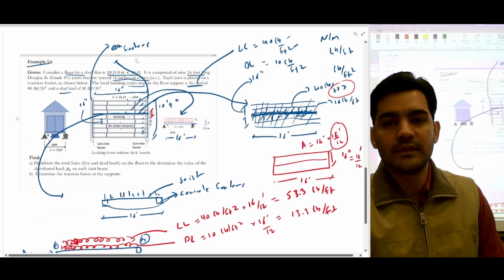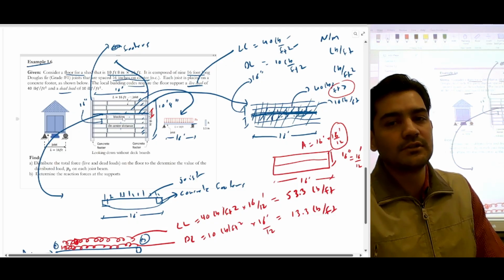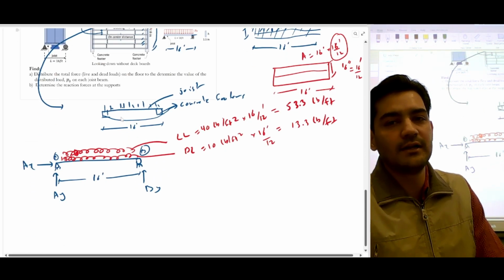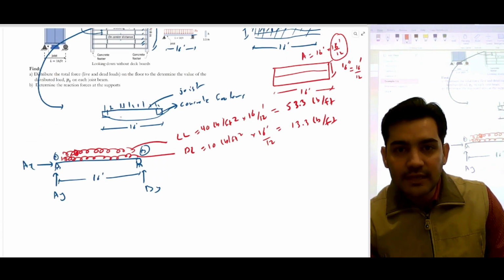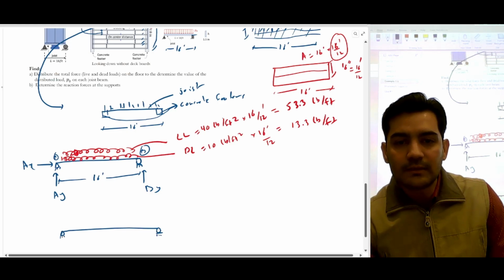So this was a real example, but we tried to simplify because we want to calculate the load on one of the joists. So we just simplified it and we made an idealization for that beam. So finally, that's what we will get.